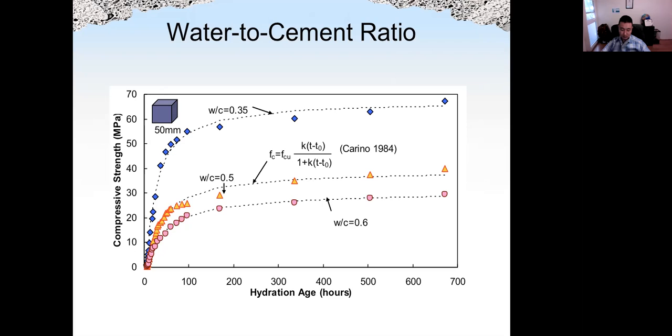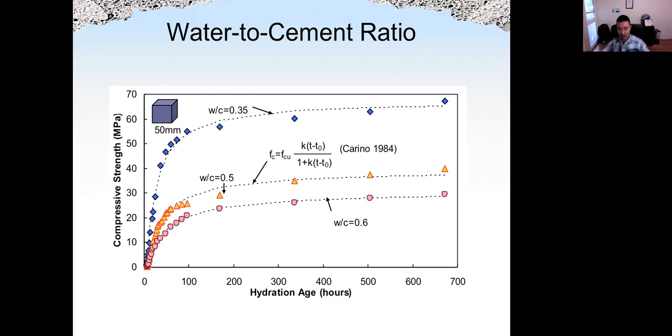We can see that for all the water to cement ratios, the longer the time, the strength will increase, but the slope of the curve at different ages is quite different. For example, concrete with 0.3 water cement ratio has very fast strength development at early age, and also has higher final, later age strength.